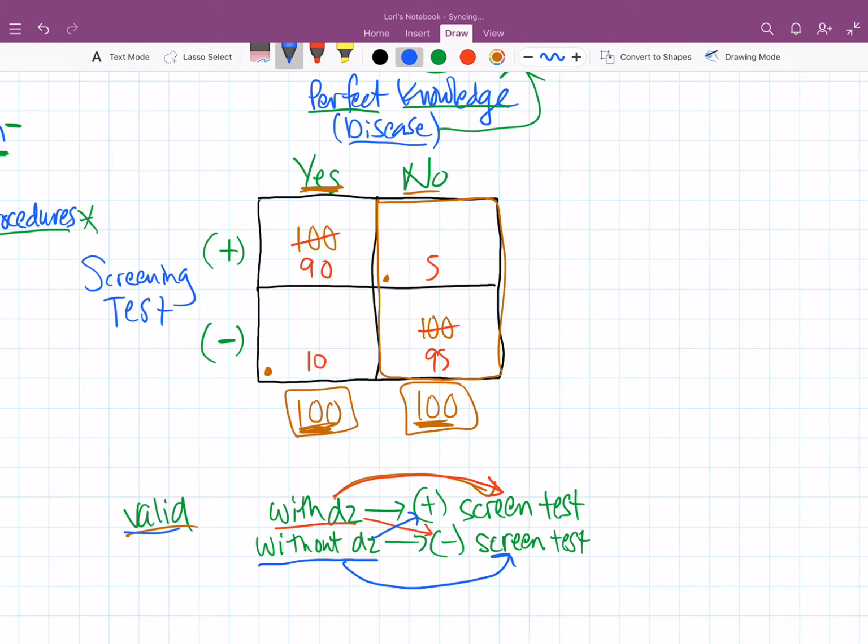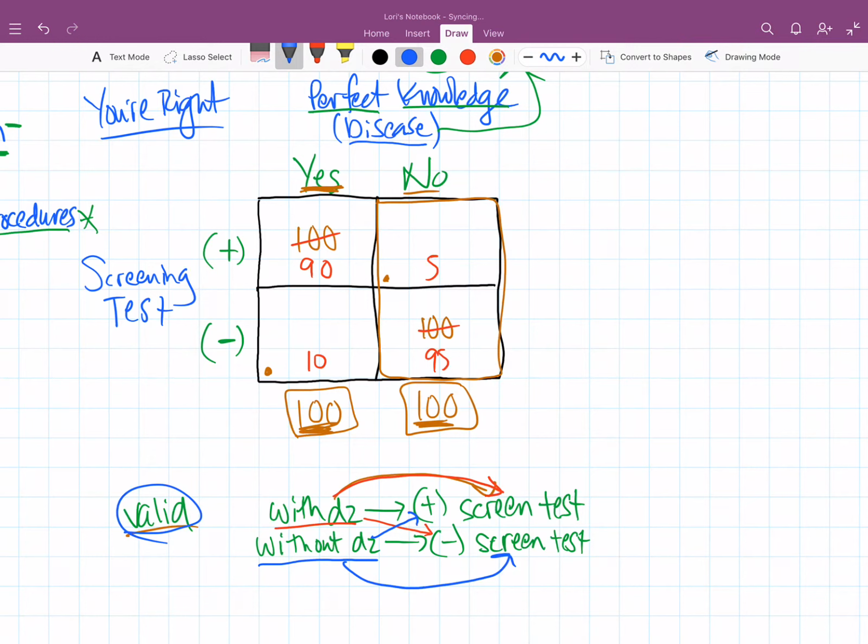So this whole concept of validity or accuracy means that we're trying to find a test that most of the time gives us the right answer. We want a test that is right.